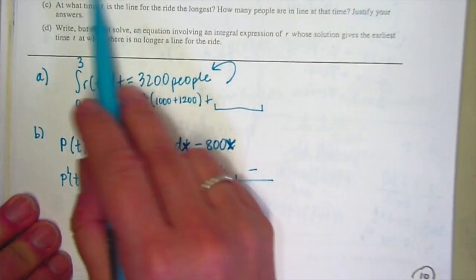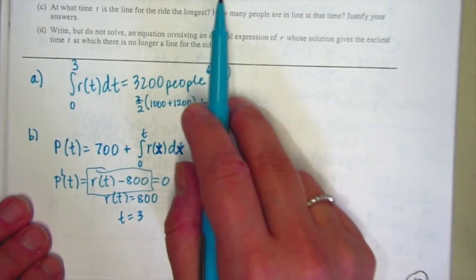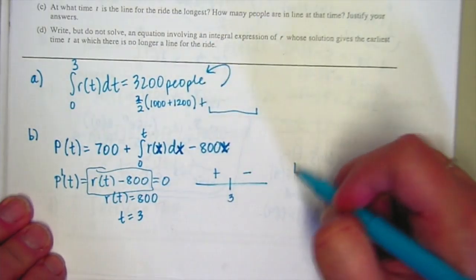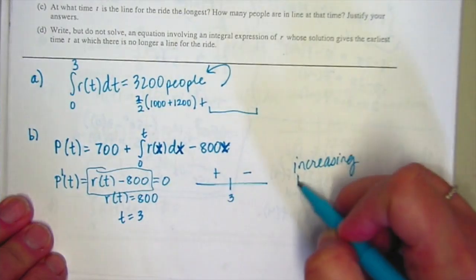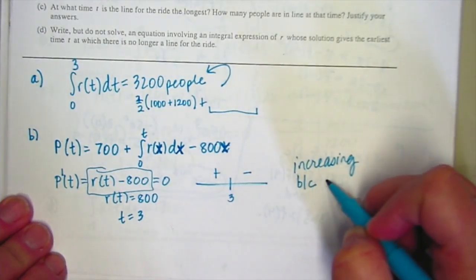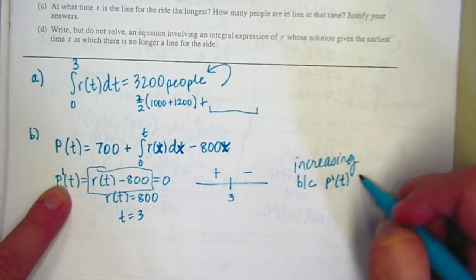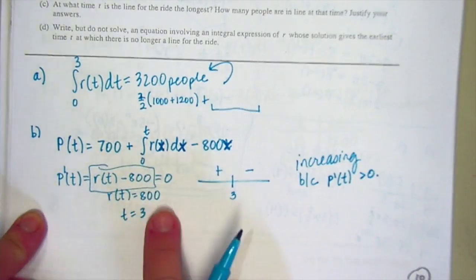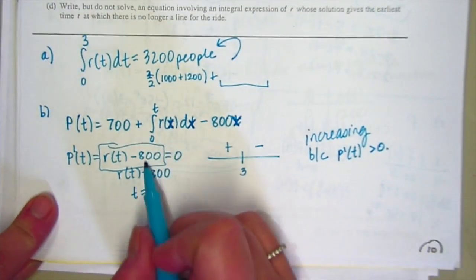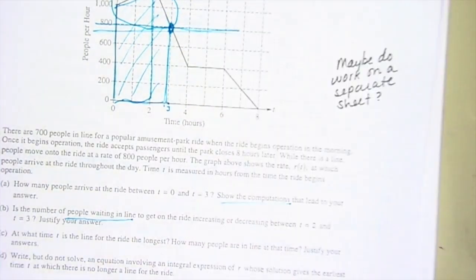And so when it asks, is the number of people waiting to get on the ride increasing or decreasing, we're going to say it's increasing because this function that I've decided on, p prime of t, is positive. So that's based off of this title. Okay, so it's bigger than 800 up here. All of these values are bigger than 800, so it's increasing.